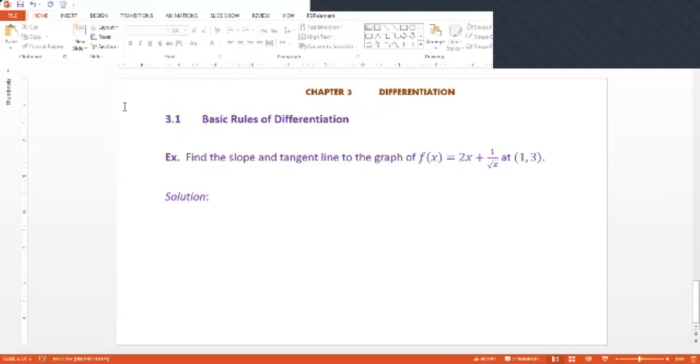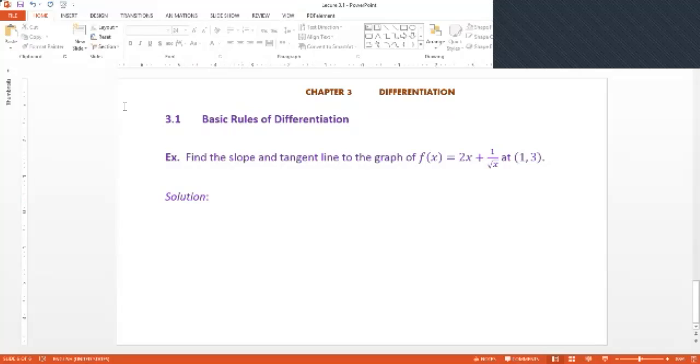We know the slope to the graph, or the slope of the tangent line to the graph, they're the same thing, is the derivative. We talked about that before in chapter 2. The slope is the instantaneous rate of change. In a graph, it's the slope of the tangent line.